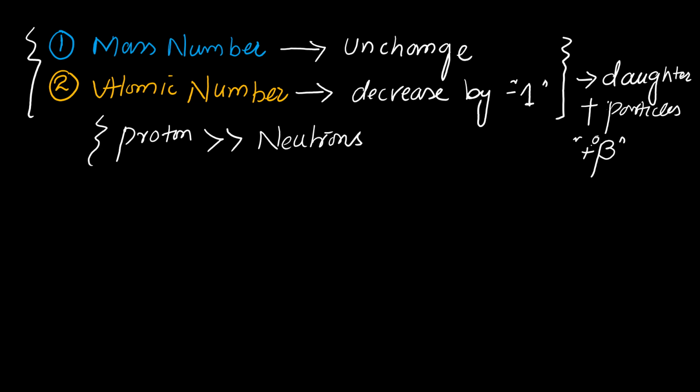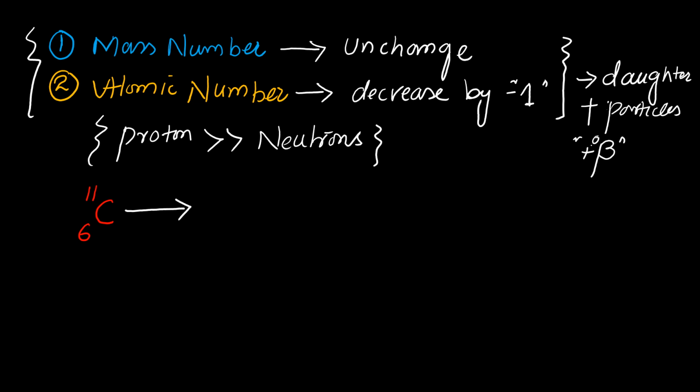So now let us apply these two rules for positron decay to solve the problem easily. Consider an isotope of carbon, C11, carbon-11. Let us do positron decay for carbon 11.